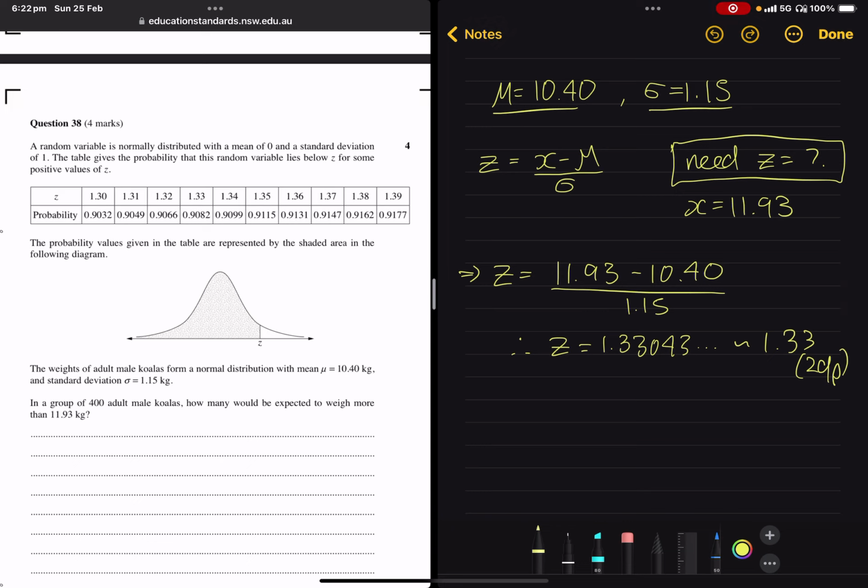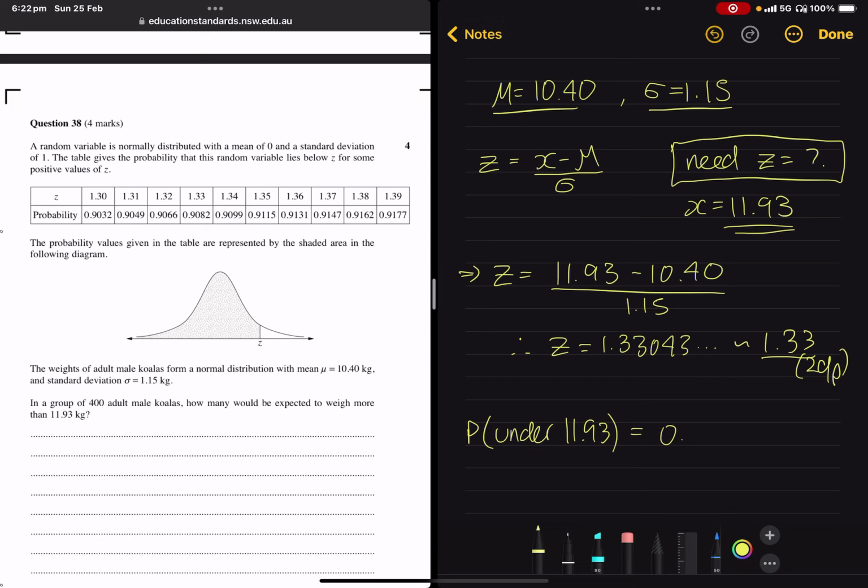So now we need to work out what percentage of koalas will be less than weight 11.93 kilograms, and that will correspond to the probability up to a z-score of 1.33. So the probability of under 11.93 kilograms is from the table, where z is 1.33.